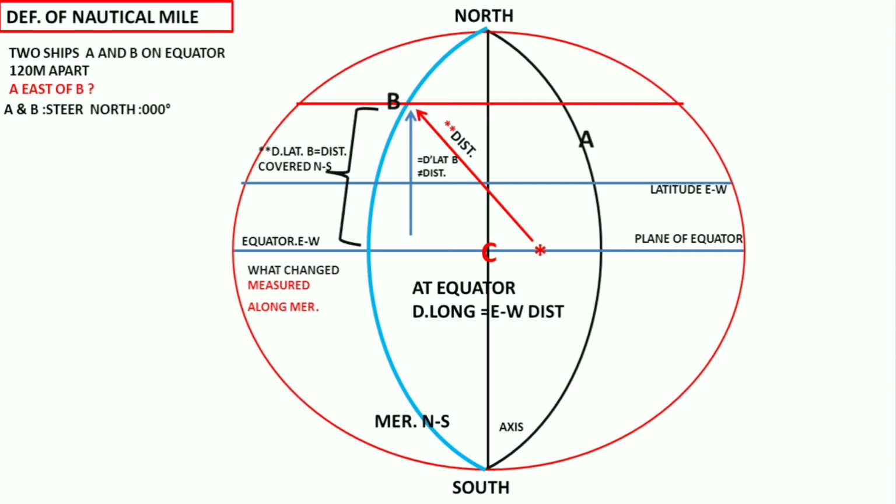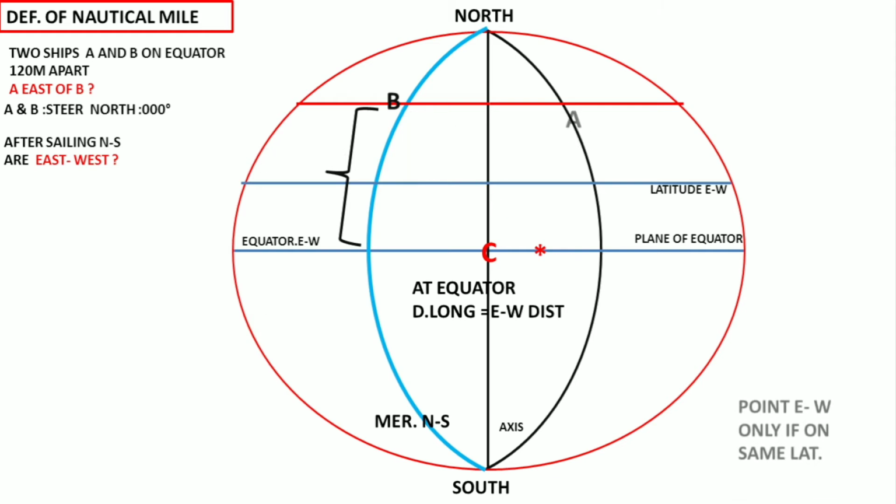Now if I just moved A to be east of B, what do I infer by it if I say that A and B are east and west of each other? That means they are on the same latitude. Now once they both are on the same latitude, the distance covered by both of them is the same, speed was the same. The east-west distance between them has changed.